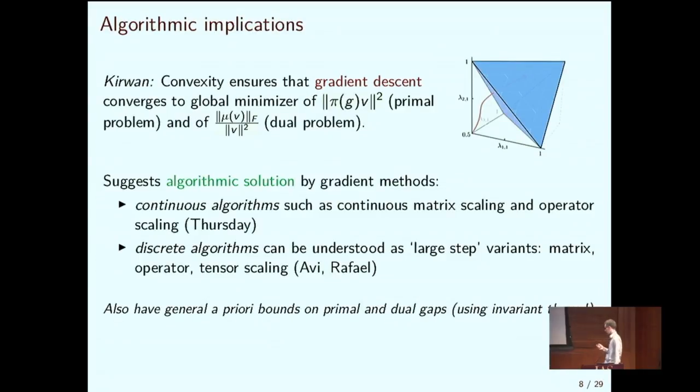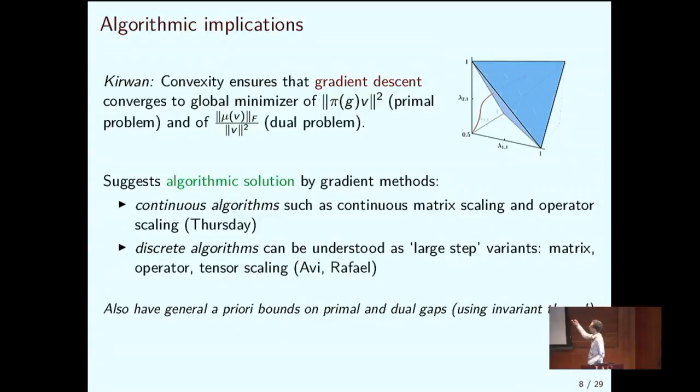Okay, good. So here is a summary slide. The point is we have this convexity property, and it should ensure that gradient methods, in principle, even if you don't think algorithmically just as a flow, will converge to some extreme points, and those extreme points will be minima. It suggests that one can build algorithmic solutions based on gradient methods that exploit this property.